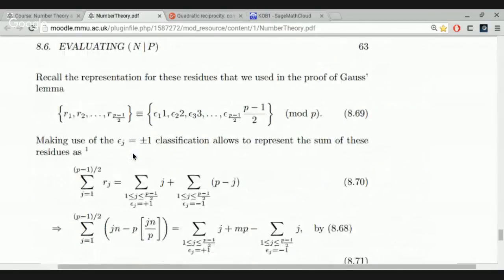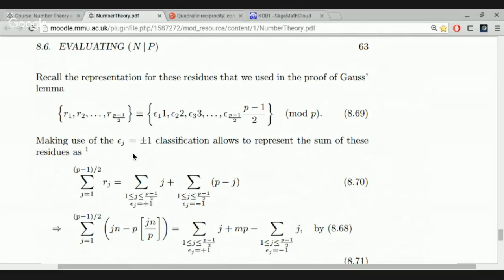So, connecting with the previous proof, we've got our residues rj. Remember, these are the residues representing the congruence classes of j times n. We represented these as plus or minus the standard residues 1 up to p minus 1 over 2.